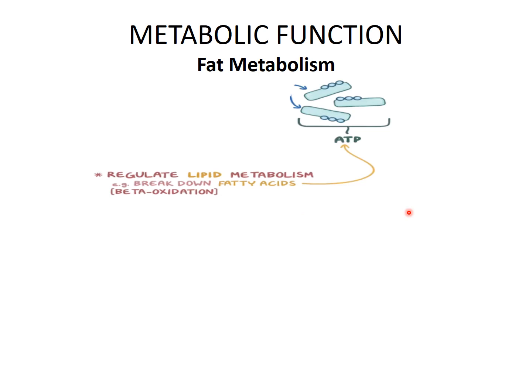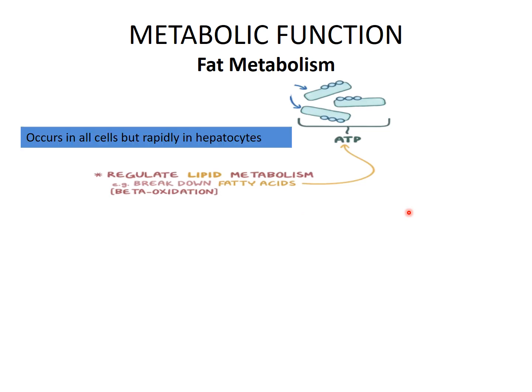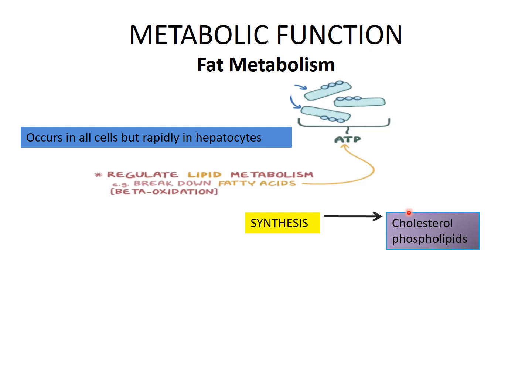Then the liver also has an important role in synthesis. This synthesis of cholesterol and the phospholipid part occurs in the liver, cholesterol being synthesized from the unused free fatty acids.